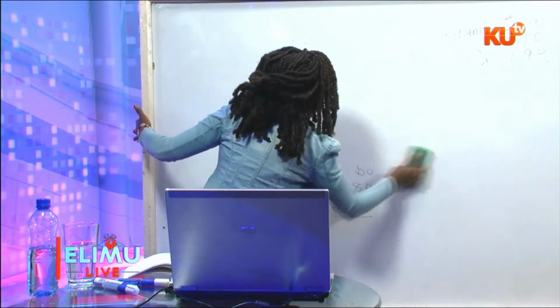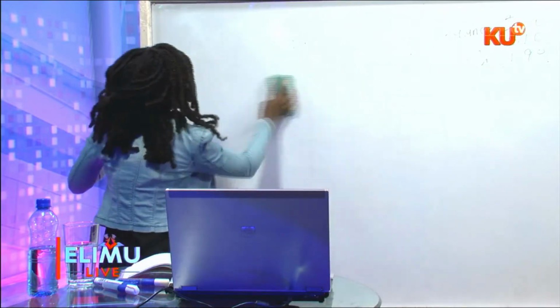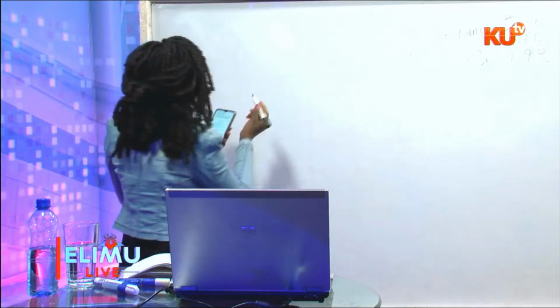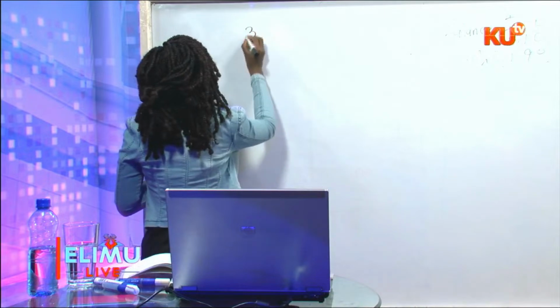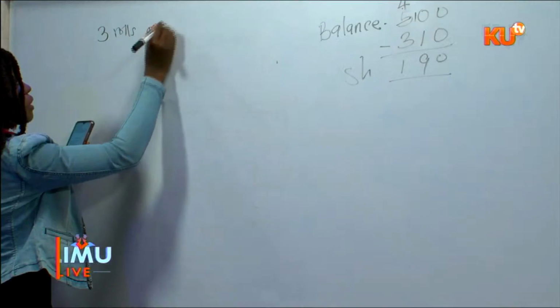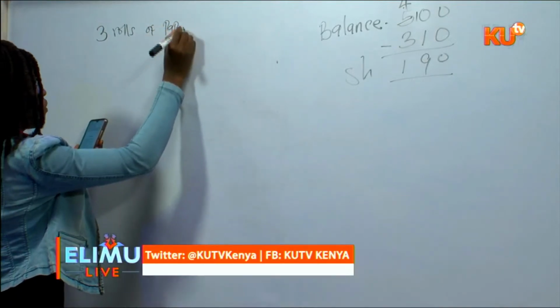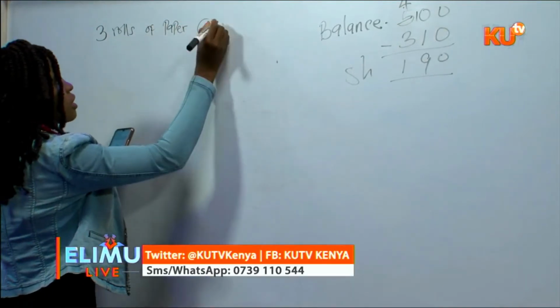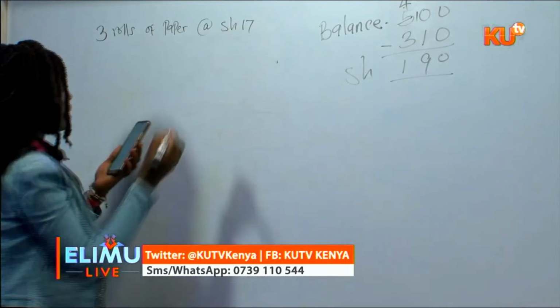So we start by preparing the bill. So 3 rolls of paper at 17 shillings.